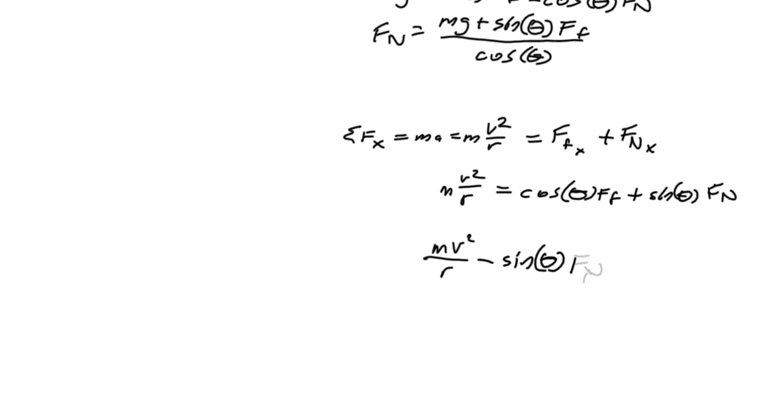Sorry if that's a little ugly. And that will equal cosine theta times the force of friction. And divide each side by cosine theta. Well, you know what, let's just leave it as is for now.